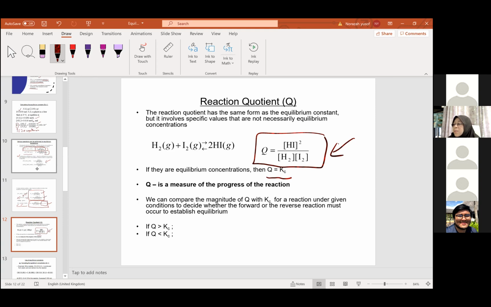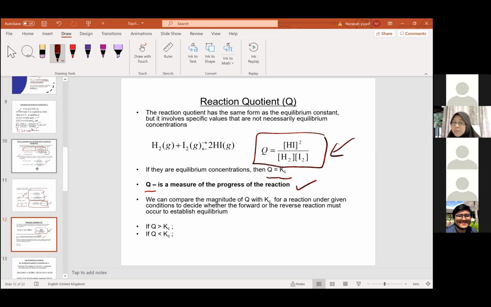So why do we need to measure the progress? Because the process to achieve equilibrium can be sped up or can be slowed down. That's why we need to know Q. If we know Q, the progress of the reaction, we can know what strategy we need to use.